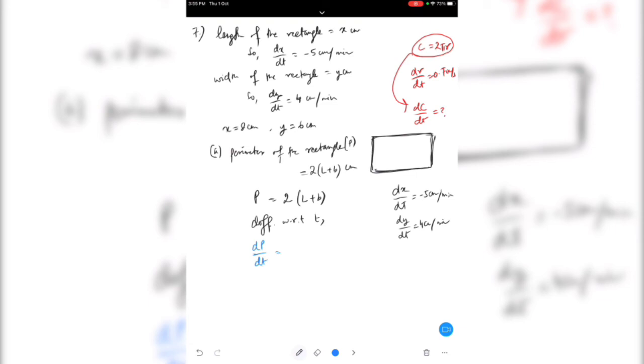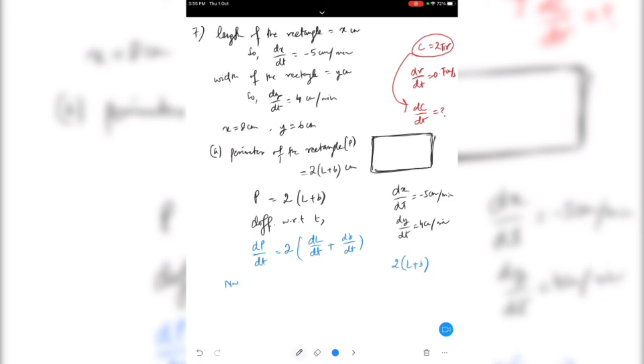Now who can tell me differentiation of 2 into (L plus B), how much is that? First 2 is constant, so 2 will come out. Differentiation of L with respect to time is dL/dt, plus differentiation of B with respect to time is dB/dt. Simple as that. Now put those values of dL/dt and dB/dt.